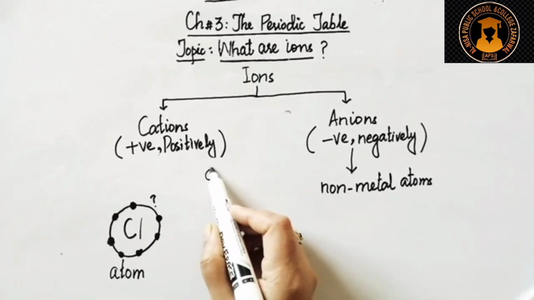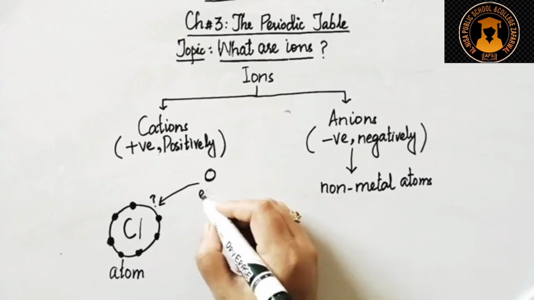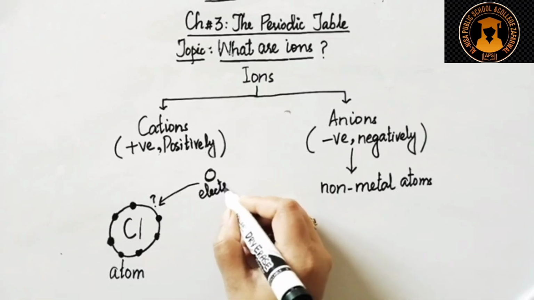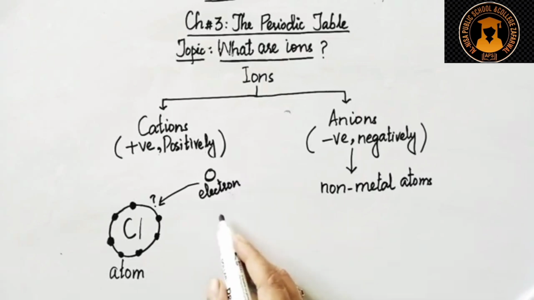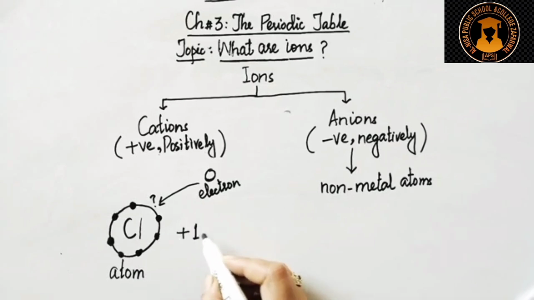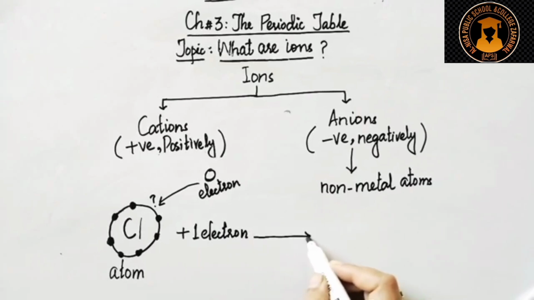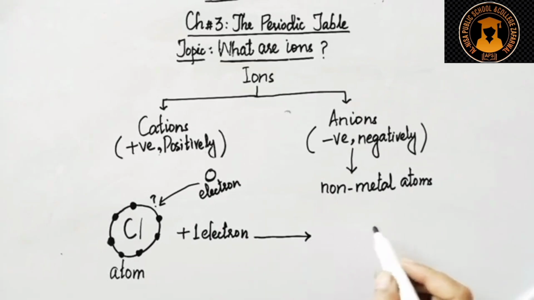So that electron from the sodium atom is gained by the chlorine atom, and after gaining that electron from the sodium atom, it becomes a negatively charged ion. So one electron that is gained by the chlorine atom makes it a negatively charged ion.